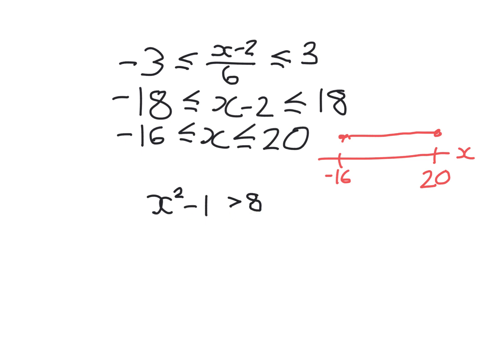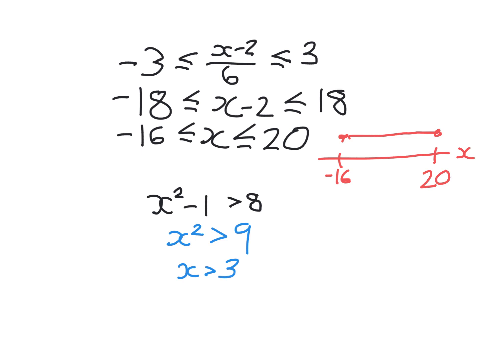All right, let's look at this one that involves a squared term. x squared minus 1 is greater than 8. We're going to start by adding 1 to both sides. So I will get x squared is greater than 9. If x squared is greater than 9, what does that say about x? Well, we can square root both sides and get x is greater than 3, but that's only part of the story.